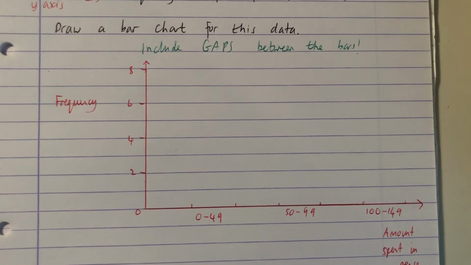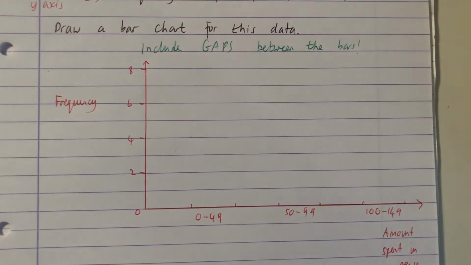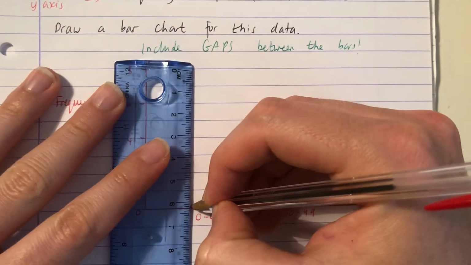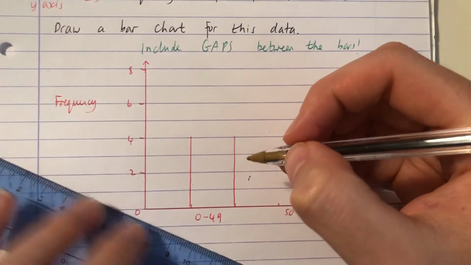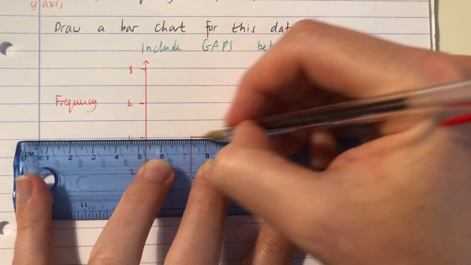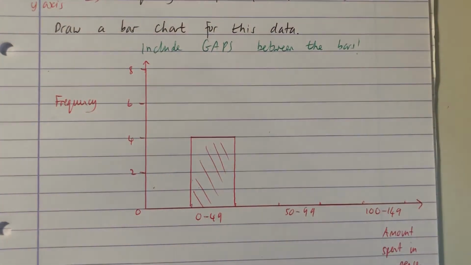Those are the gaps that I meant. Now to draw the actual bars themselves, you've just got to draw them at the correct height. So that would be the correct height for this one, so you just draw straight lines up to the right height. That is the bar. You can shade in the bar if you really want to, or you can leave it blank.